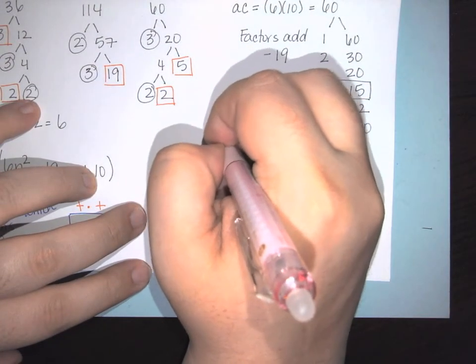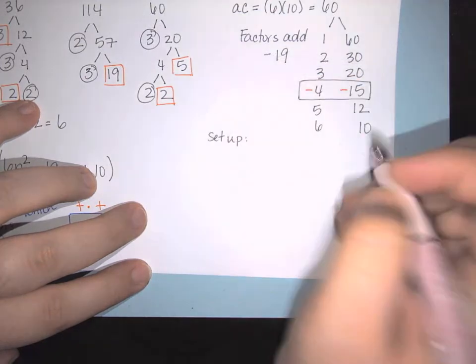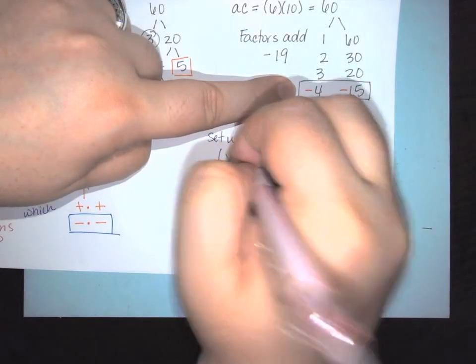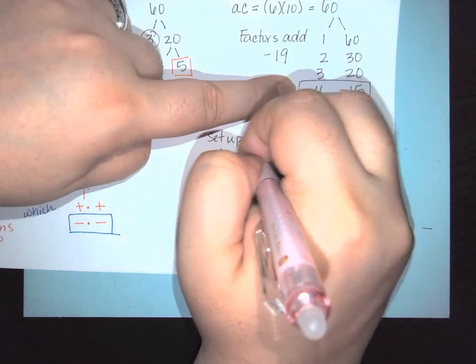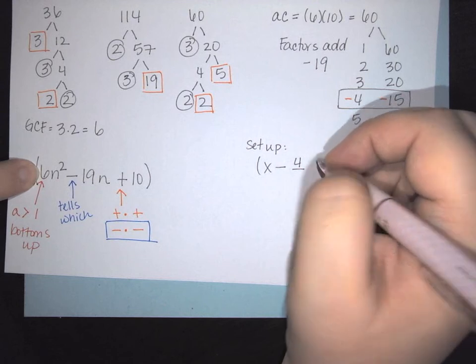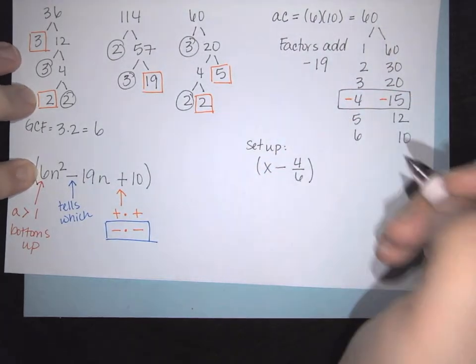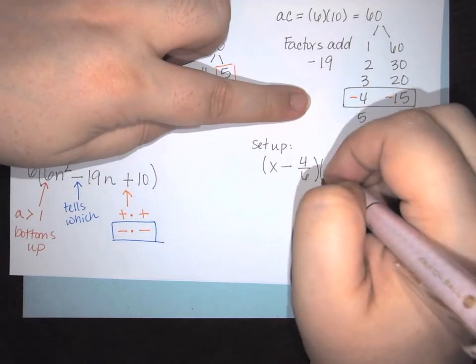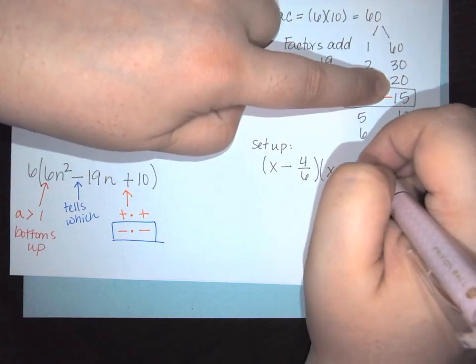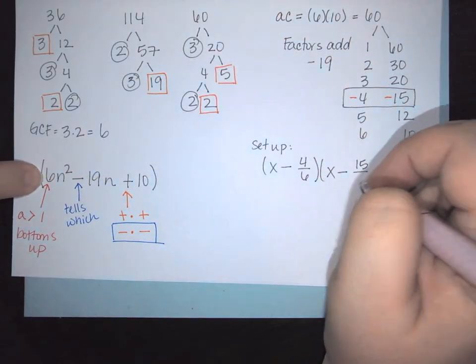I'm going to have x, my sign is negative, so minus, and this is going to be 4 over my a term, which is 6, and close it. I then have to do it again. x, again my sign is negative. My factor is 15. My a term is 6.